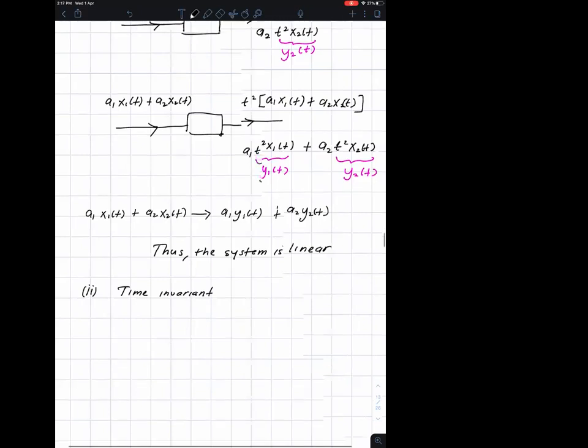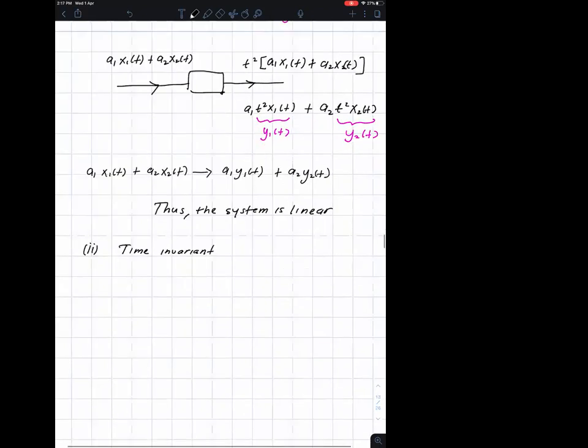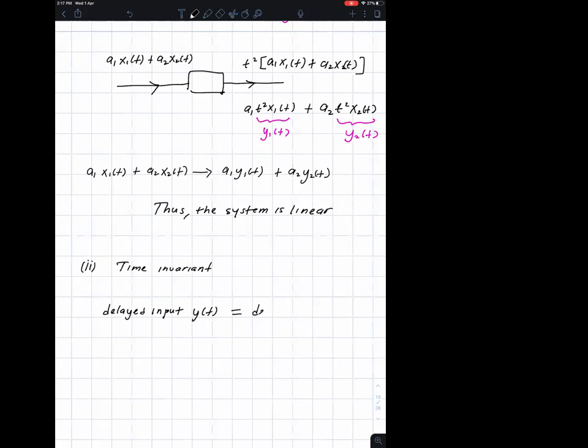To prove that, maybe you might have forgotten from our class notes, something is time invariant if the delayed input gives the delayed output.